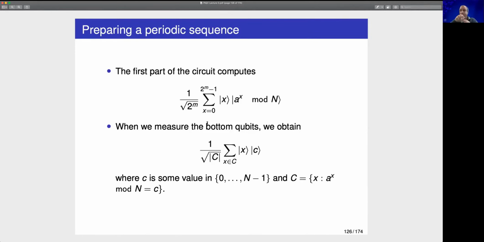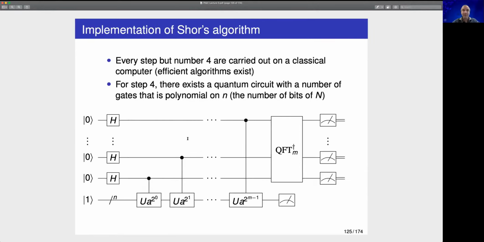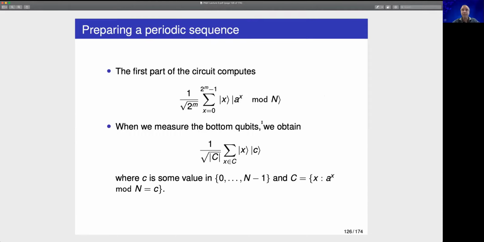the column of Hadamard gates allows us to compute this uniform superposition, this sum over all possible values of x. Then for a given value of x, the controlled unitary transformations allow us to compute this value here, a to the power x mod n.